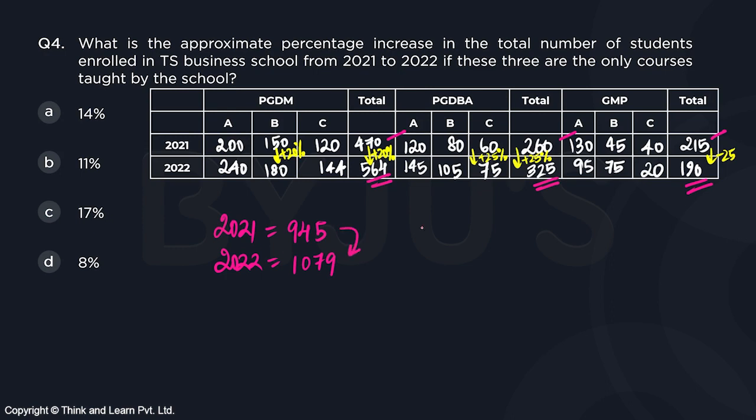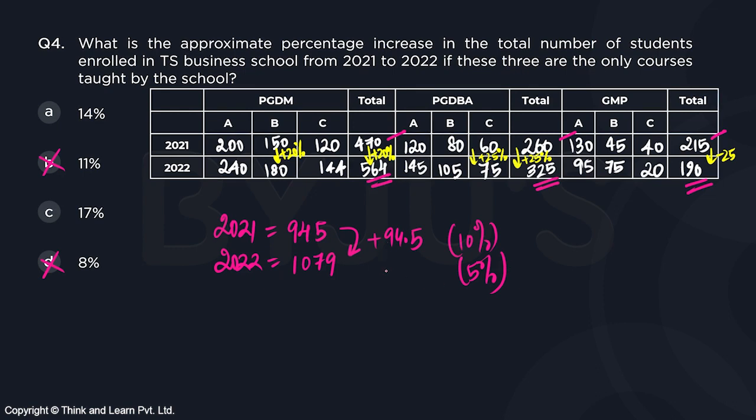Looking at the options, let's calculate 10% of 945. So if I add 94.5 to this, I will not get 1079. So my answer should be more than 10%, definitely not 11. It's a bit more. Let's calculate 15%. So if this is 10%, let's calculate now 5%. So we will have an idea whether it is less than 5 or more than 5.